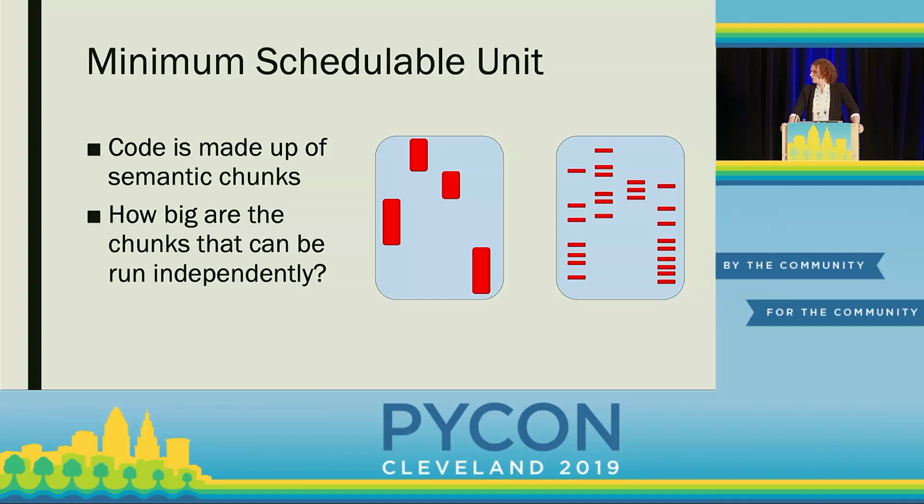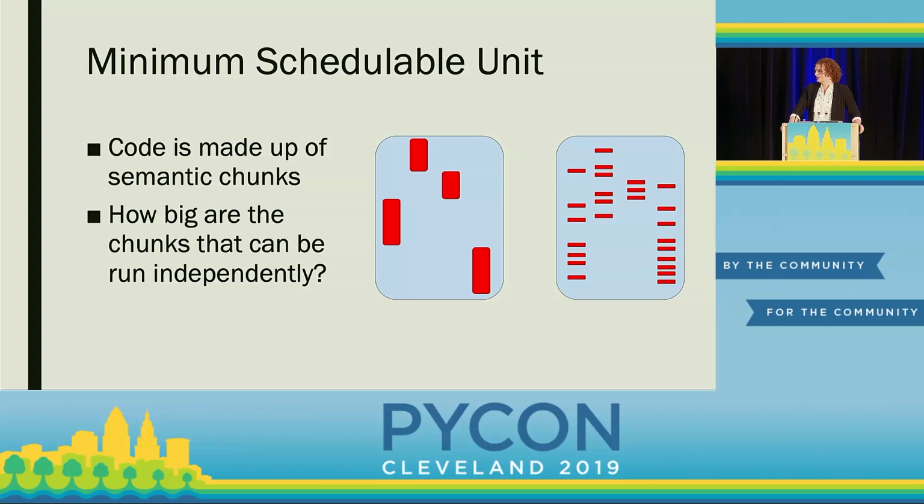The second principle that I want to talk about is the minimum schedulable unit, and you're going to have a lot of trouble if you Google this. Code is made up of individual semantic chunks, and depending on how we run those chunks, they behave differently. Just like an individual block of 32 bits could be a positive integer, it could be an x86 instruction, it could be a negative floating point number, or it could even be a smiley face emoji.